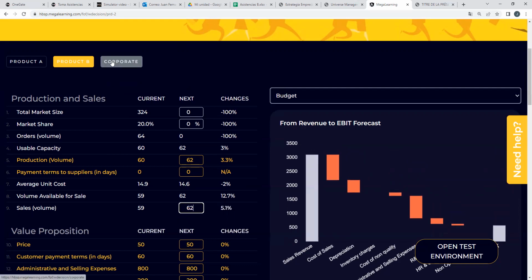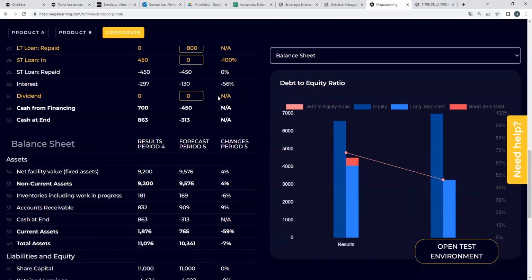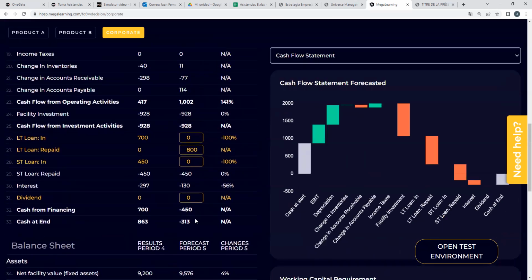If we go to the corporate tab, look that now my cash at the end is still negative, but it is close to zero. It is not the minus 2,807. Okay. So I need to cut expenses that are close to that number in order to have my cash at the end positive.